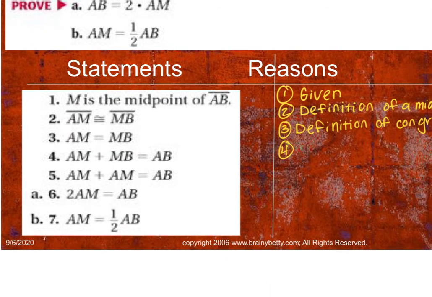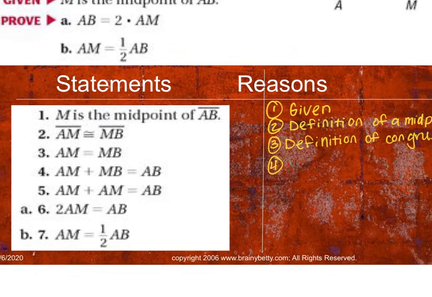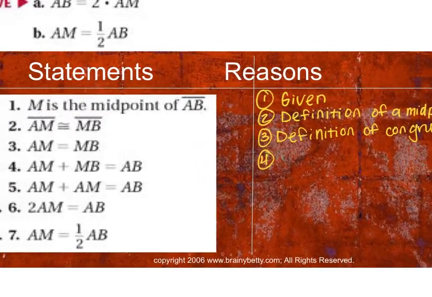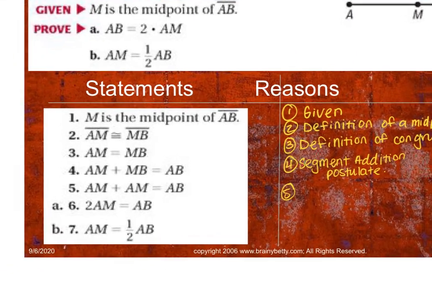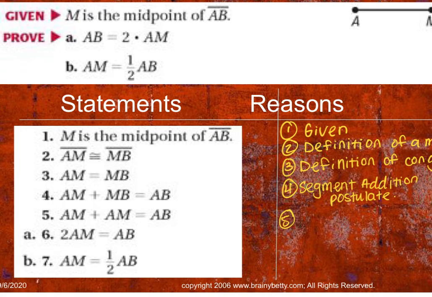Number 4, AM plus MB equals AB. That is the segment addition postulate. Number 5, AM plus AM equals AB.